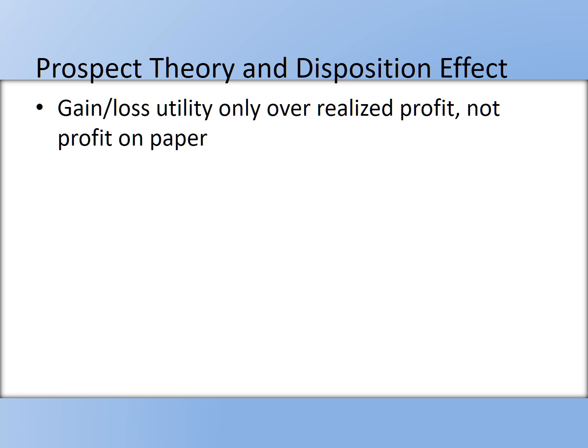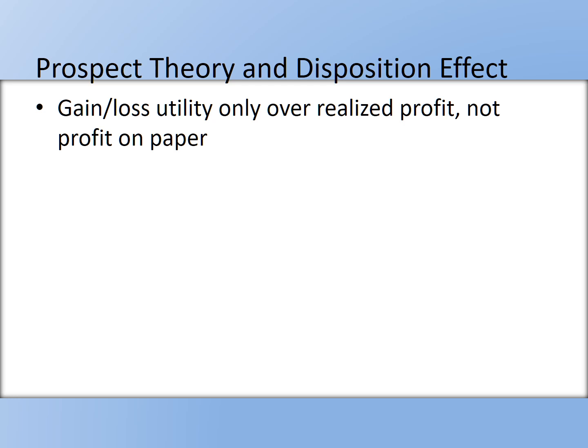If you want to say that people are willing to sell at a gain, because most of the time it looks like people are willing to hold on to a gain under these models, what you can do is allow people to have gain loss utility only over realized profit and not profit on paper.